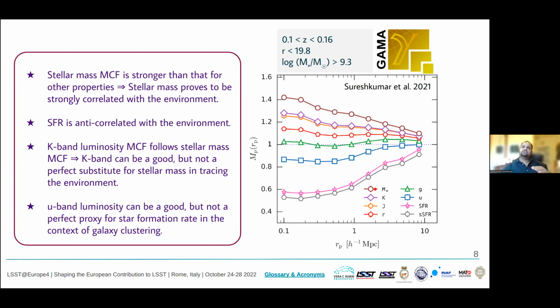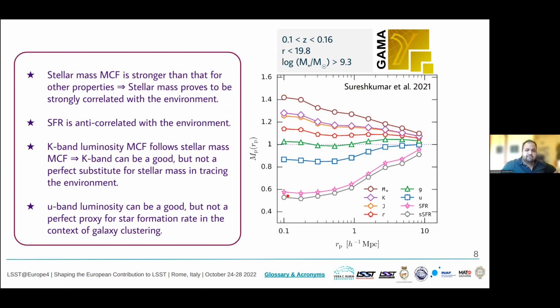And this actually helps us in checking how the subtle differences between different galaxy properties exist in their dependence on the environment. And from this, we can see that the stellar mass marked correlation function is the one with the higher amplitude, which means that it is the one that is strongly correlated with the clustering.